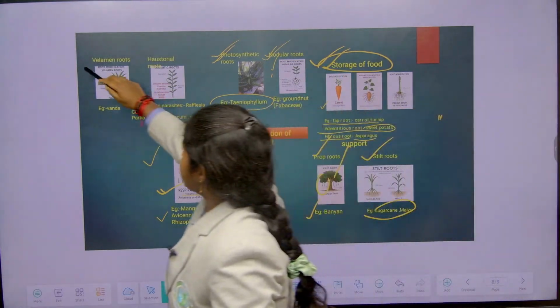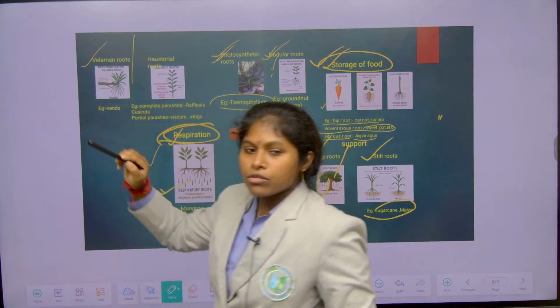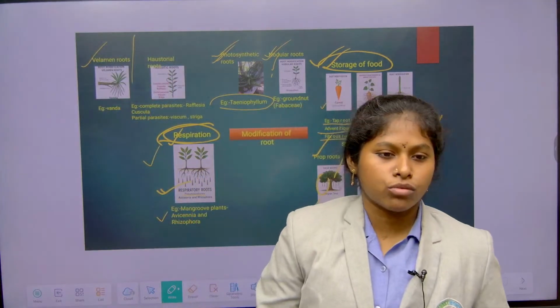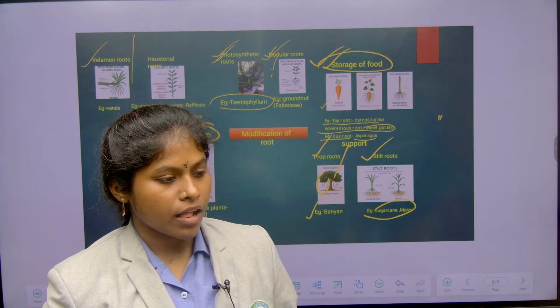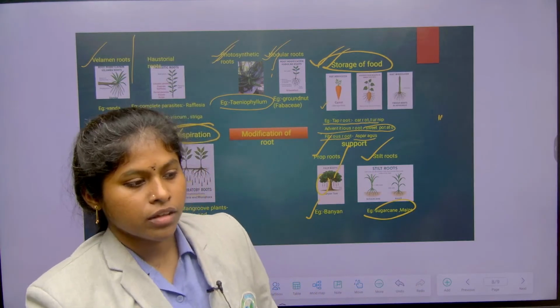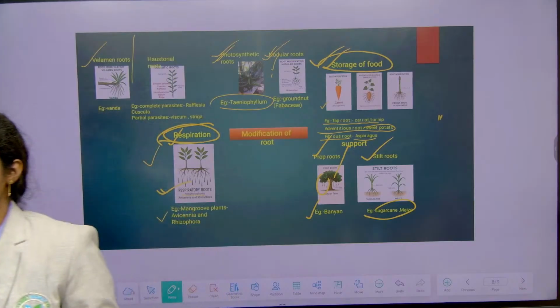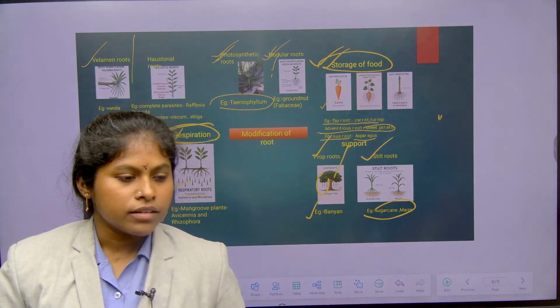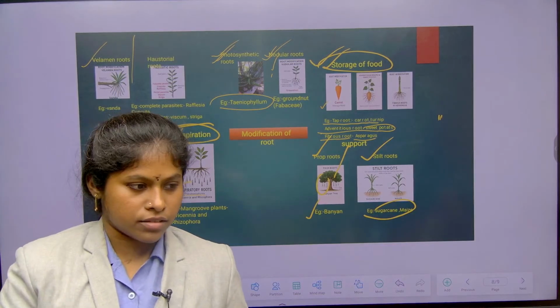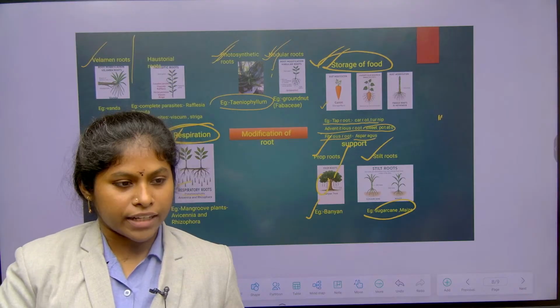Coming to the Wellman roots. Wellman roots are also called epiphytic roots. What are epiphytic roots? Epiphytes. What are epiphytes? The plants that grow on other plants. Okay. They are not benefiting.